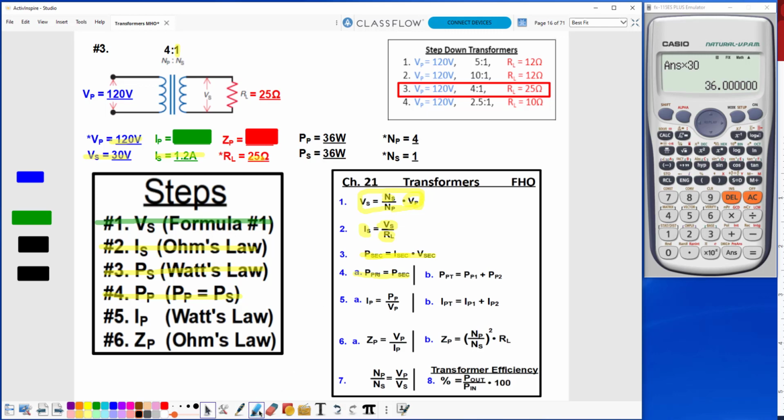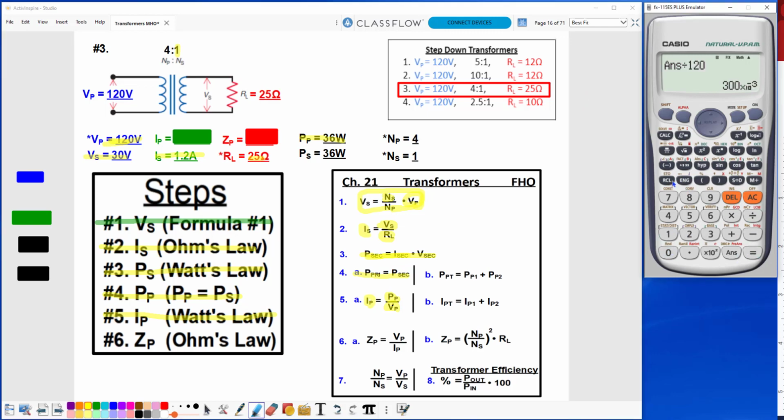Alright. Still on the primary side. Now I want the current of the primary. Looking for the current of the primary, I take the power of the primary, which I just calculated to be 36 watts. It's already in the calculator. And I'm going to say divided by the voltage of the primary, which is 120. So 36 divided by 120 volts.